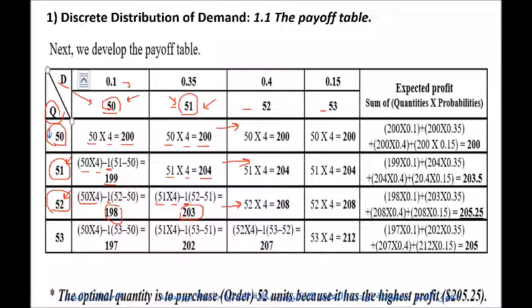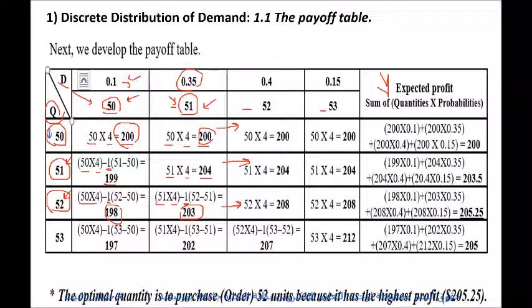The last column, expected profit. This is just the profit times probability. This total profit times probability 0.1 plus 200 times 0.35 and so on to the end.